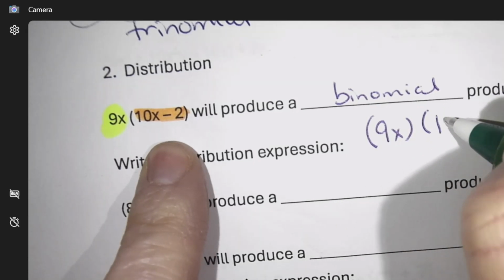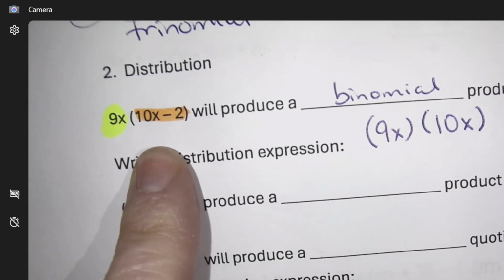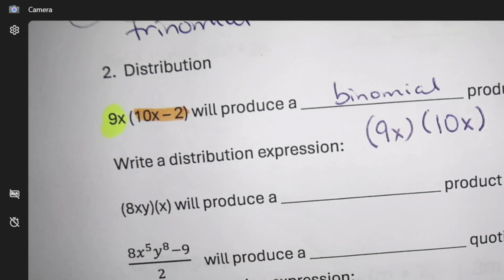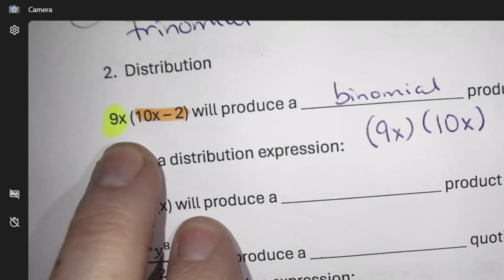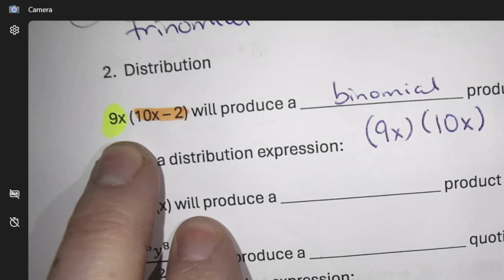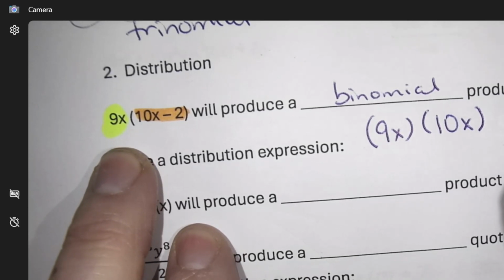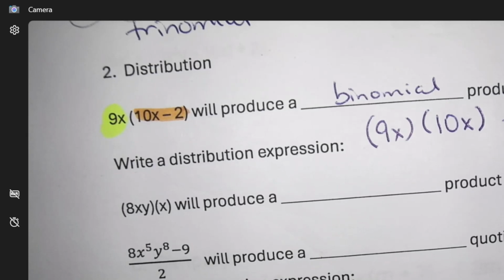So I have to do 9x times the 10x. That's one of the things. So that's the first term. We said there's supposed to be 2 things. What's the next option? 9x times -2, and then you should do an add symbol there. Okay?